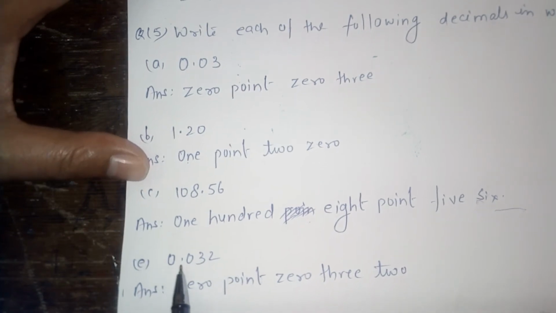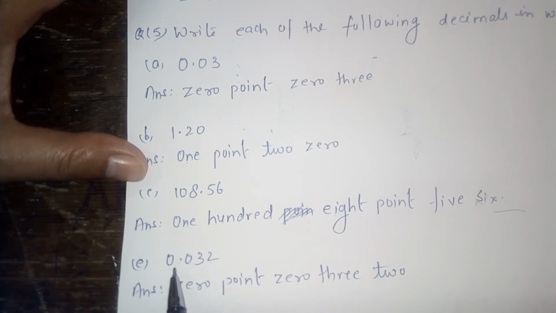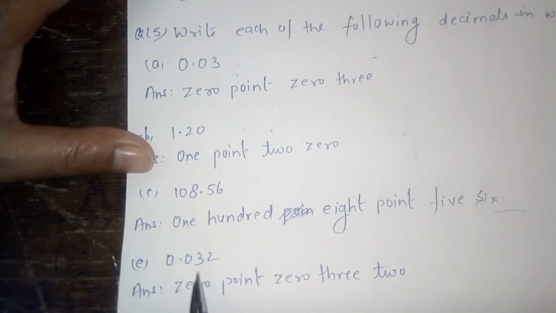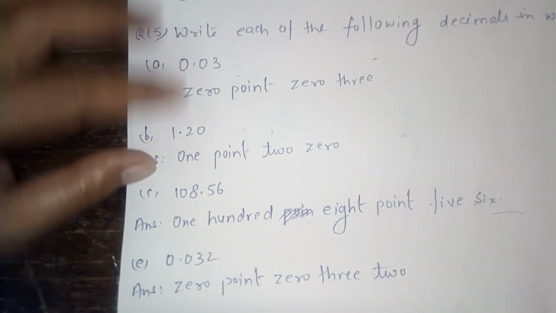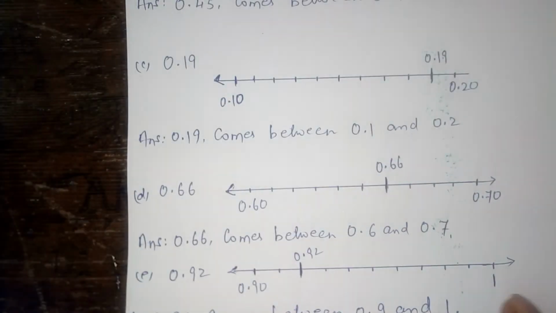Question number E, 0.032. So this is the decimal number in numerical form, and the numerical form is converted to mathematical statement form. How? Look here. 0.032. So this is the required answer of the given question.